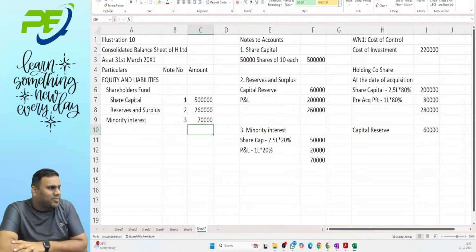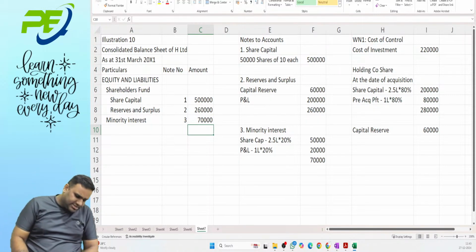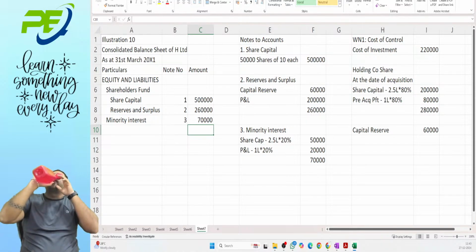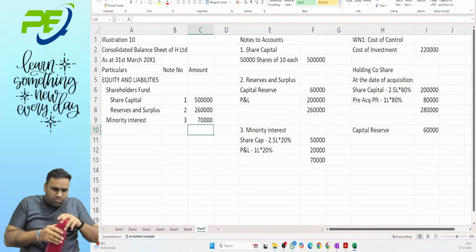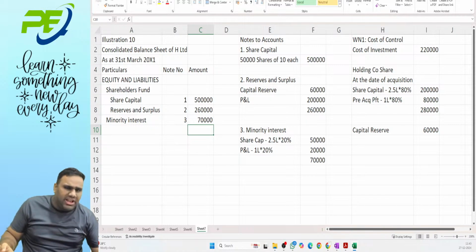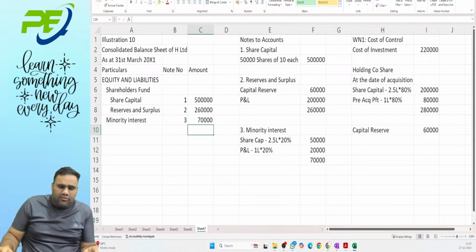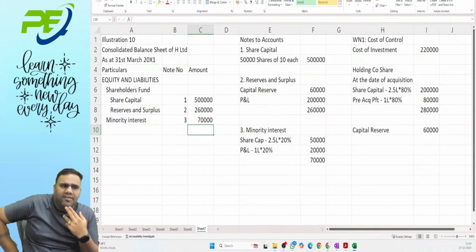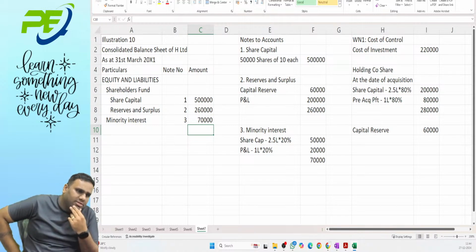So in your summary note, 4.4, for minority interest, we will consider their share of share capital and reserves and surplus.